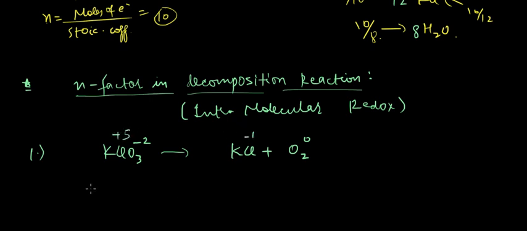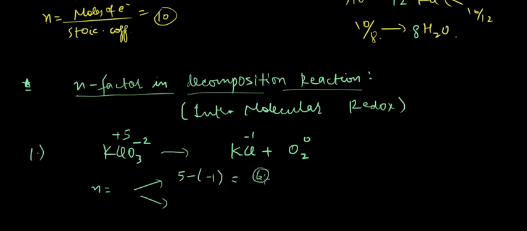So for calculation of the n factor, we can take either of the two. Case 1 could be the reduction of Cl from +5 to -1.